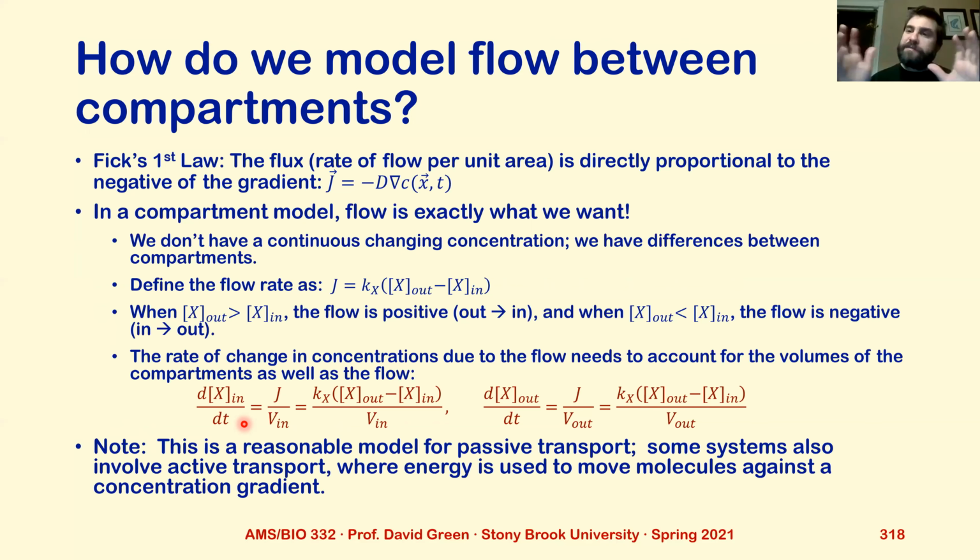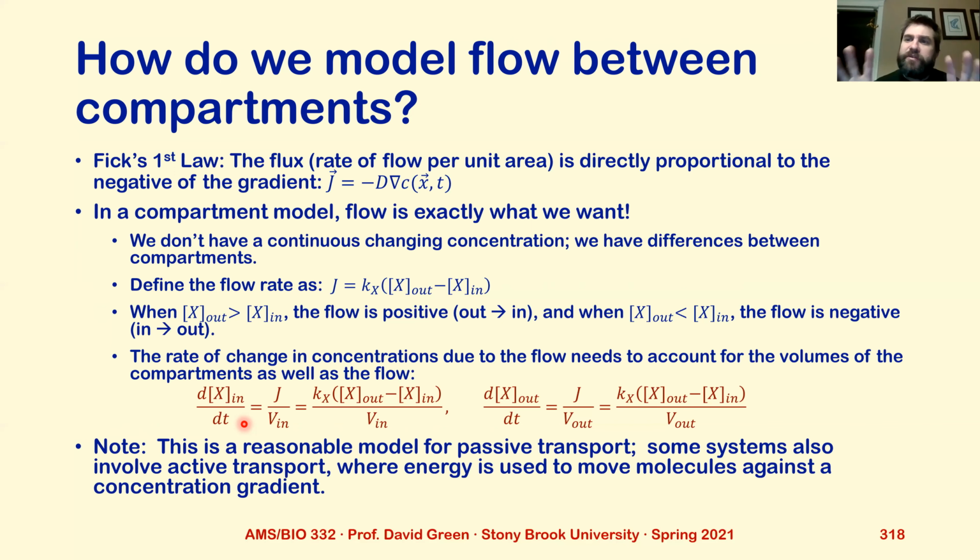Now, actual transport in biological systems ranges from very simple, passive, diffusion-ish driven processes to highly regulated, energy expending processes that transport material sort of independent of gradients and so on.